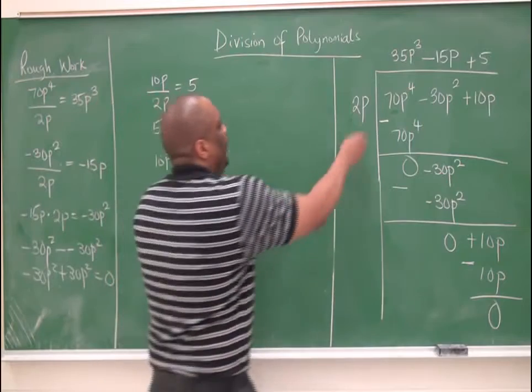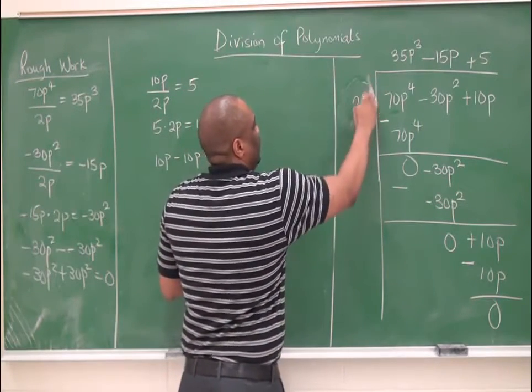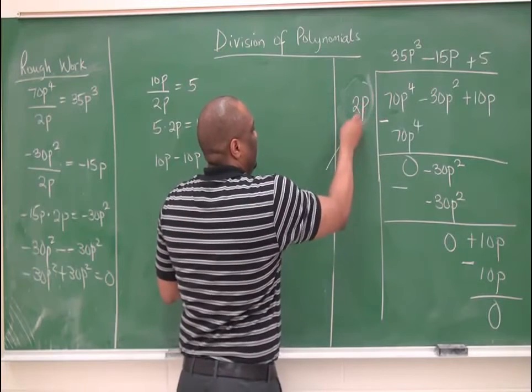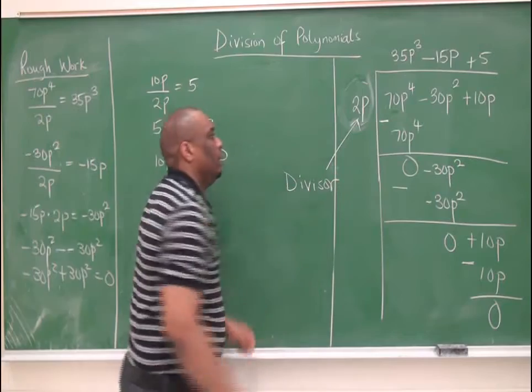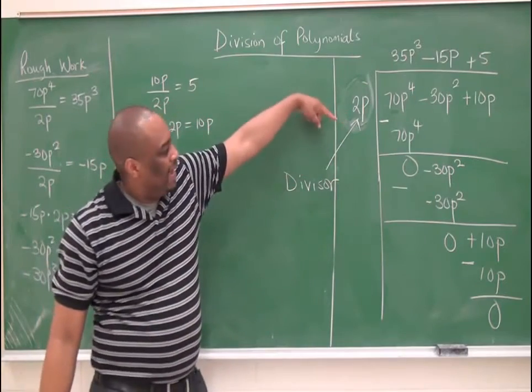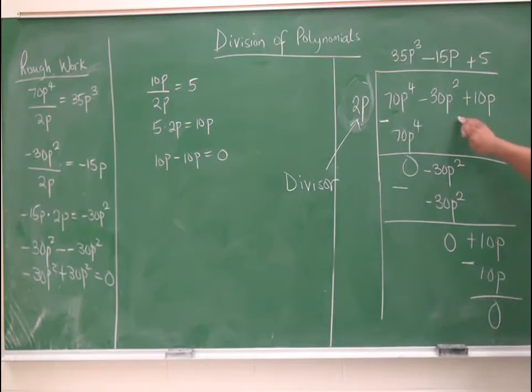Okay, now 2p here is what we call the divisor. The 70p4 minus 30p squared plus 10p is what we call the dividend.